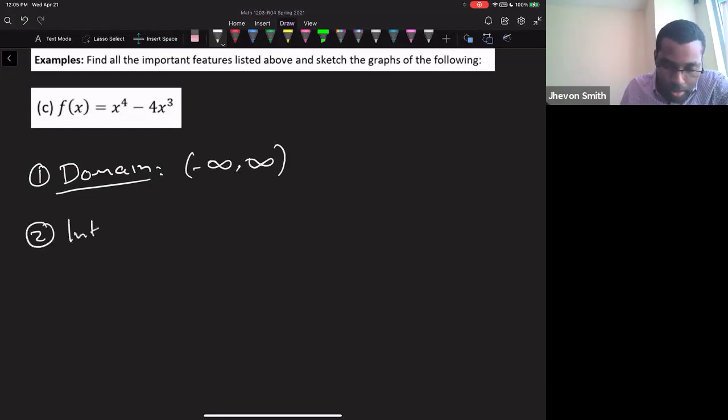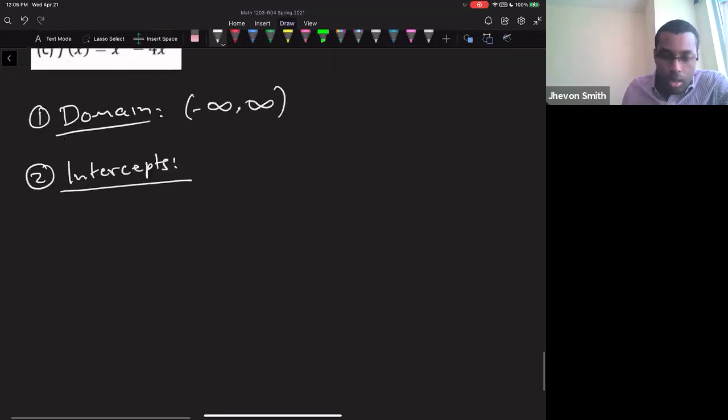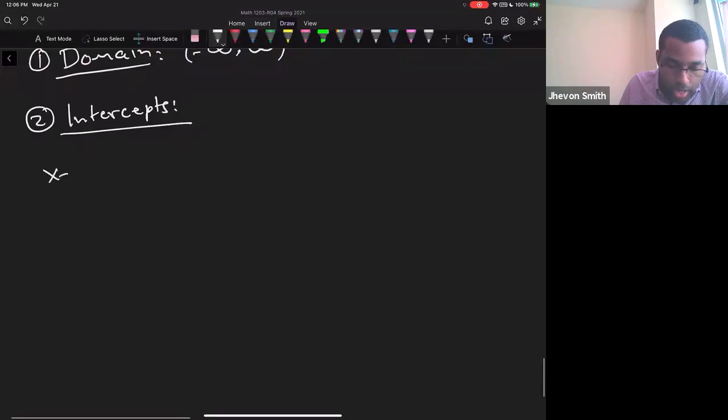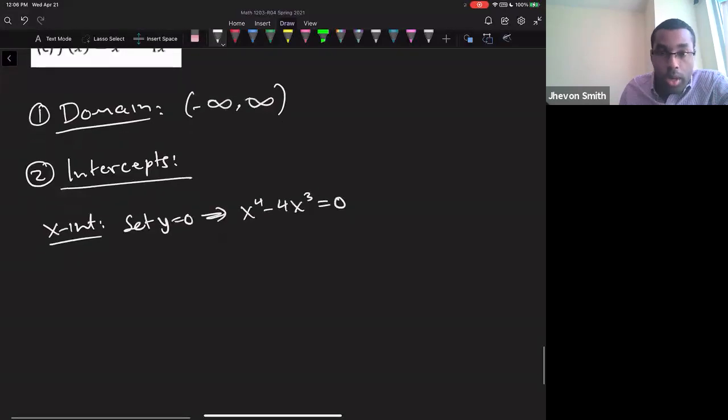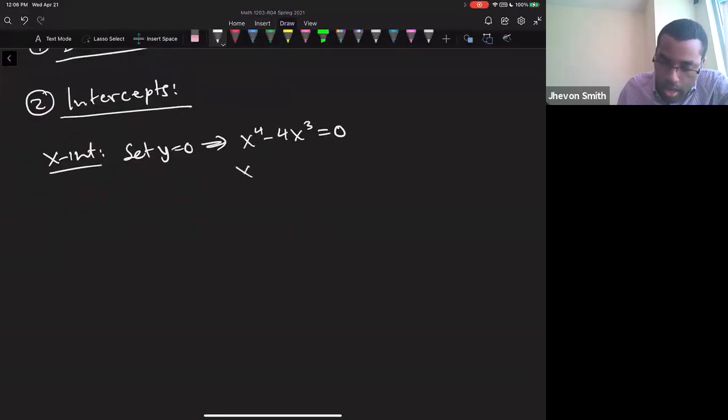2, we're going to find the intercepts. So first you go in for the x-intercept. You set y equals 0. This implies your x to the fourth minus 4x cubed equals 0. We know how to solve that. Factor out a common x cubed, you get x minus 4. So you get x equals 0 or x equals 4.